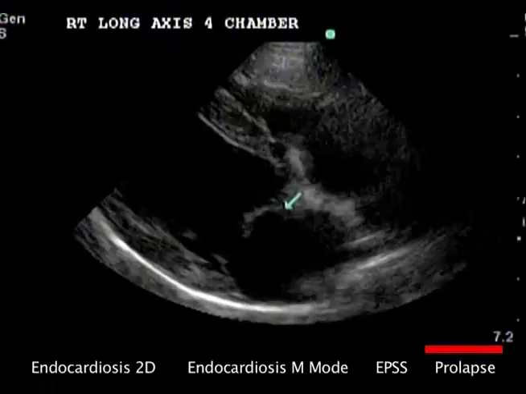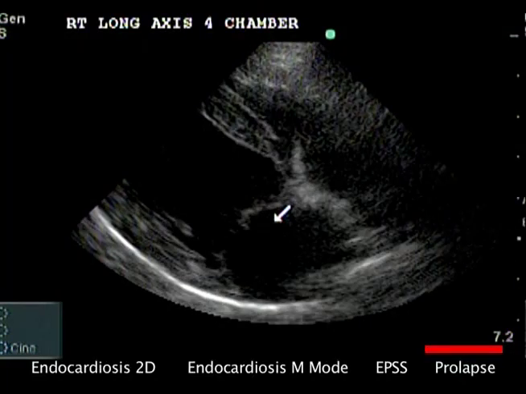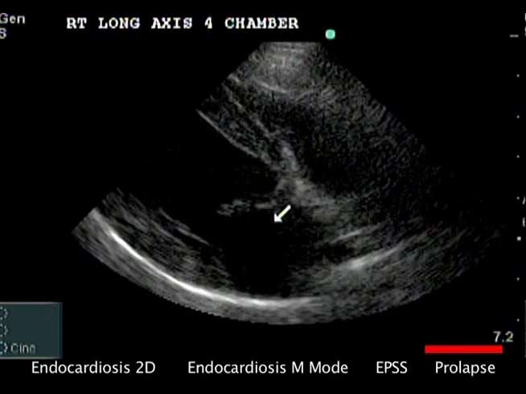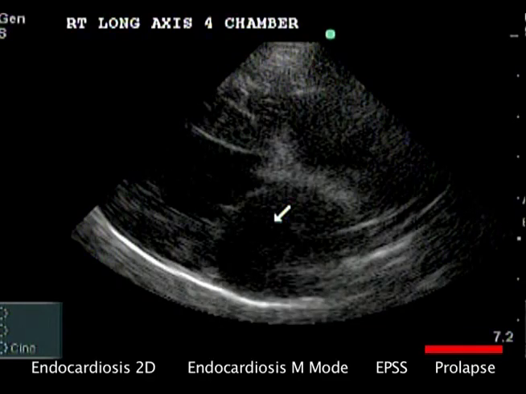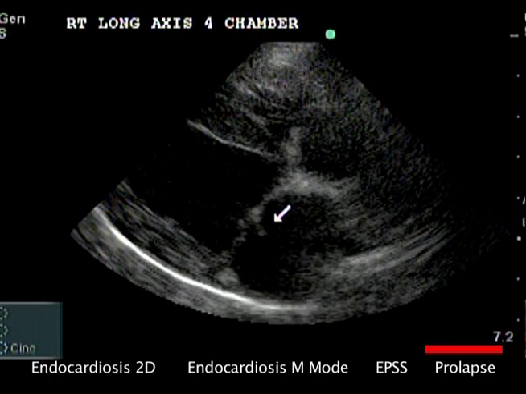Flail leaflet is a severe form of prolapse due to severe or extensive rupture of some chordae tendineae. Part of a mitral leaflet can be seen moving completely inside of the left atrium during left ventricular systole. Flail leaflet can be acute or exist for a matter of several days or weeks.